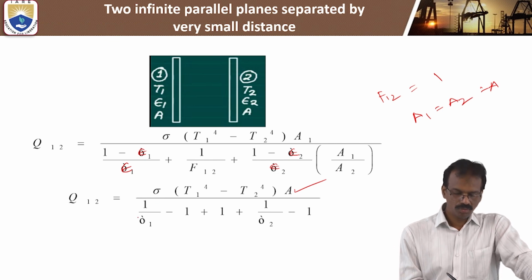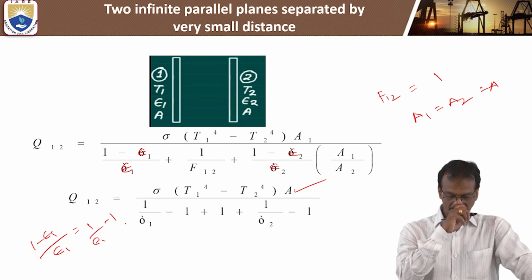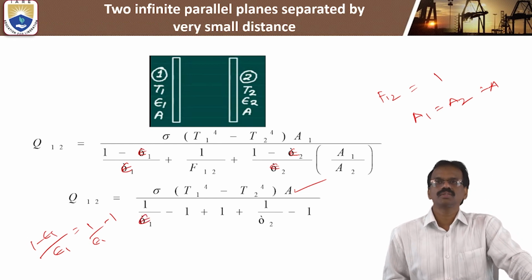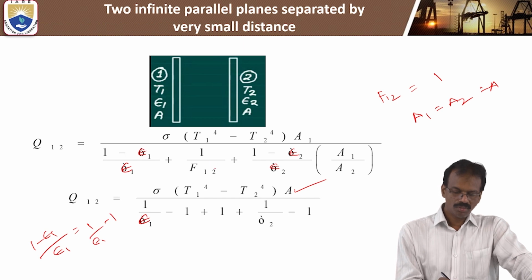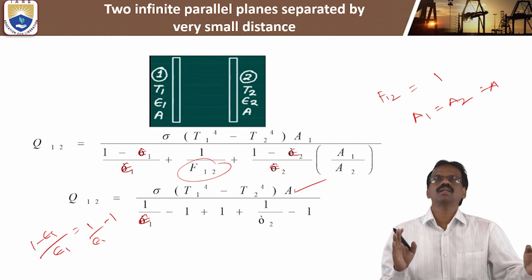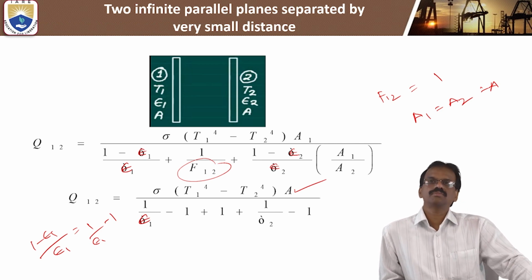Next, (1 minus epsilon 1) by epsilon 1 means 1 by epsilon 1 minus 1. You can write it like this: 1 by epsilon 1 minus 1. F12 between the two parallel plates, we already discussed these view factors in the previous class, you can refer to that.